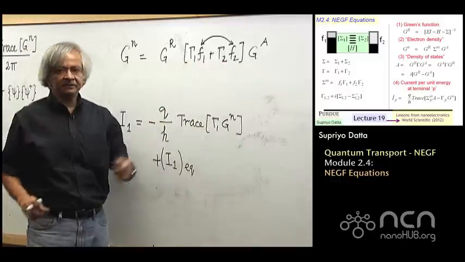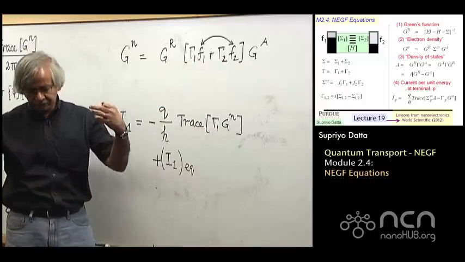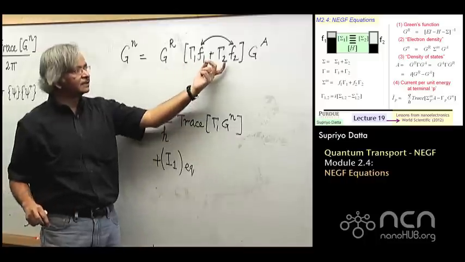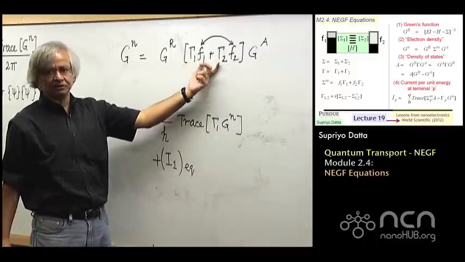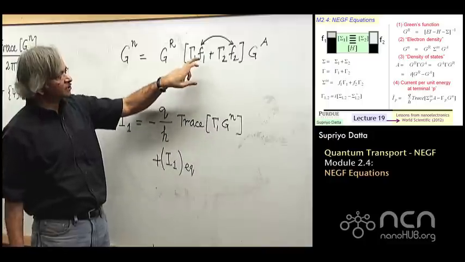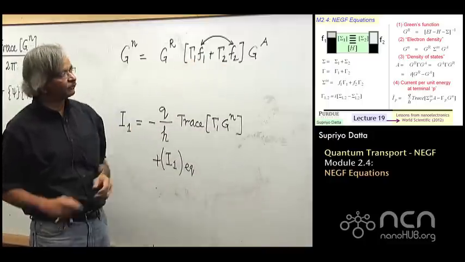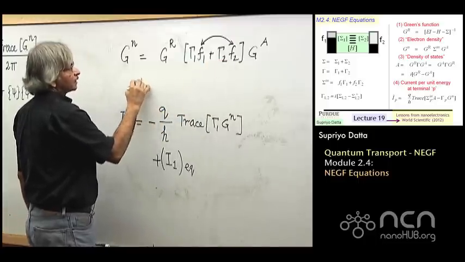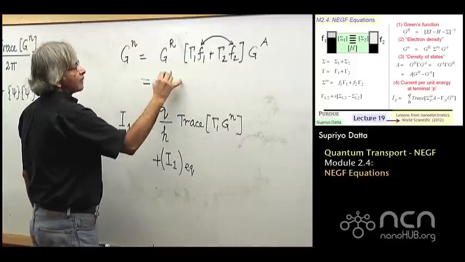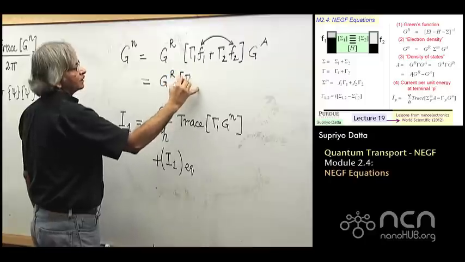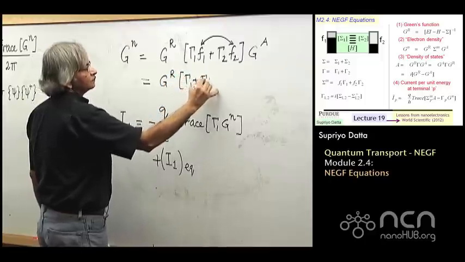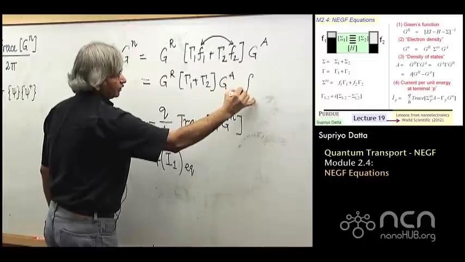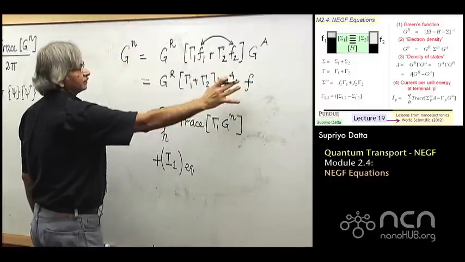If they are the same, then as I have explained before, it's like two contacts both trying to impose the same F, and that's the equilibrium situation. The non-equilibrium is because there are two contacts trying to impose two different Fs. So if you put the same F in there, then this becomes Gr gamma 1 plus gamma 2 Ga, and then the common F, whatever it is, for that contact.